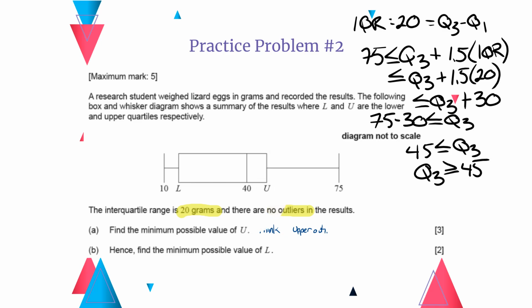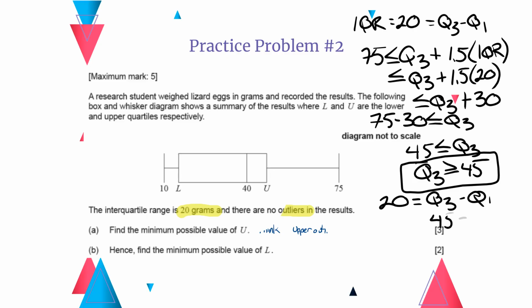That's great. What about now finding the value of L, which we know is Q1? How are we going to find that? Well, because we know what the interquartile range is, and we know the formula for interquartile range, we can take our newly found number for Q3, which is 45. We can say that 20 is equal to Q3 minus Q1.